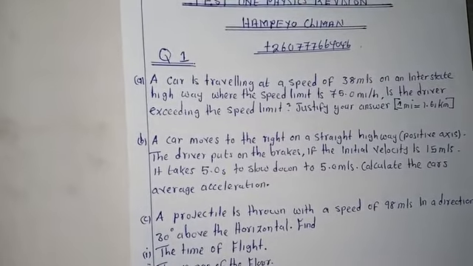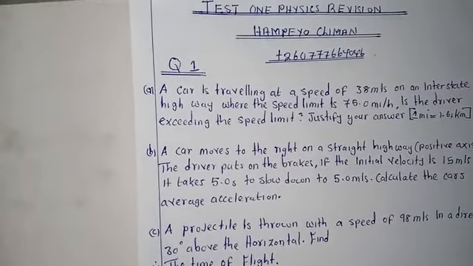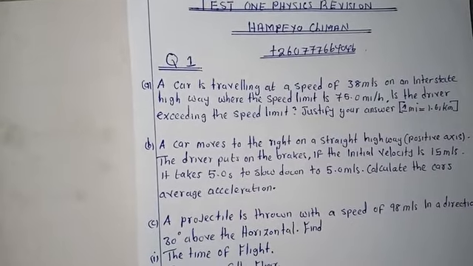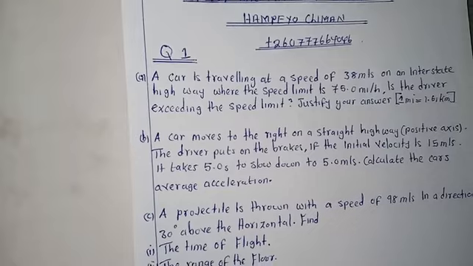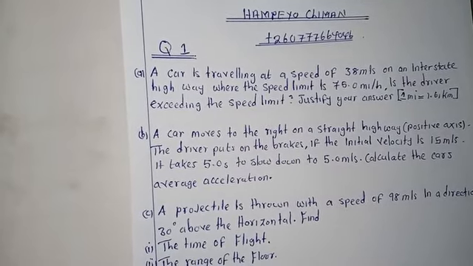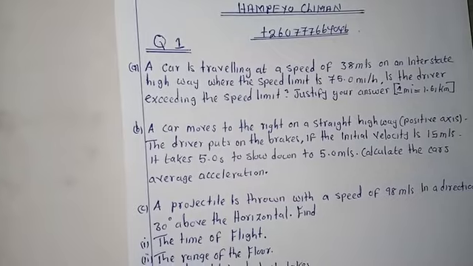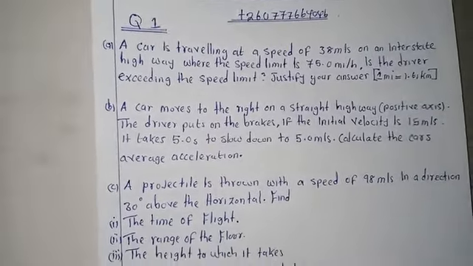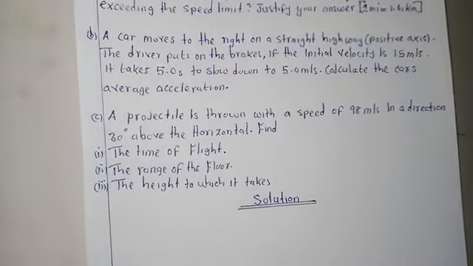So I'm going to start with the hard one, then go to the simplest one. I'll start with C, then A, then B, because B is simply the easiest. All right, so let's get to the work.